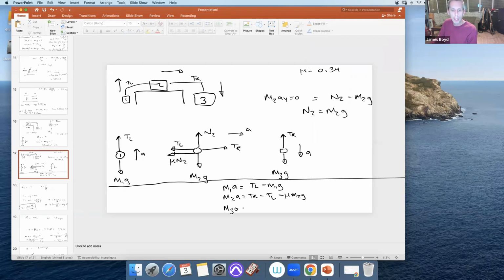And M3A is M3G minus T right. All that stuff's going to cancel, and what I get is that M1 plus M2 plus M3 times A is M3G minus M1G minus mu M2G.